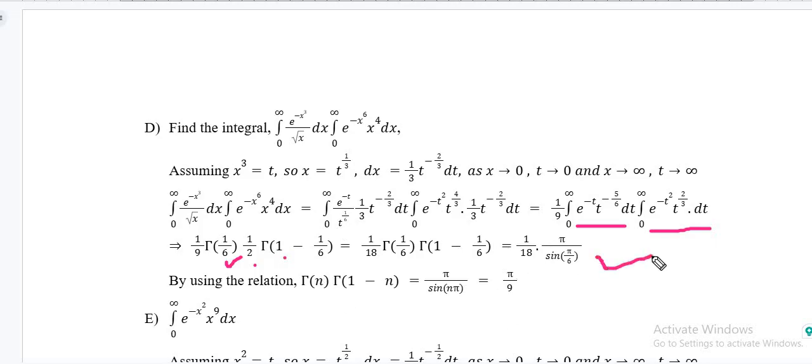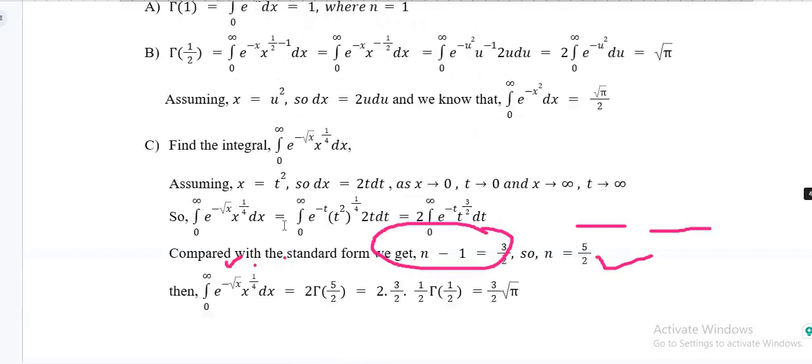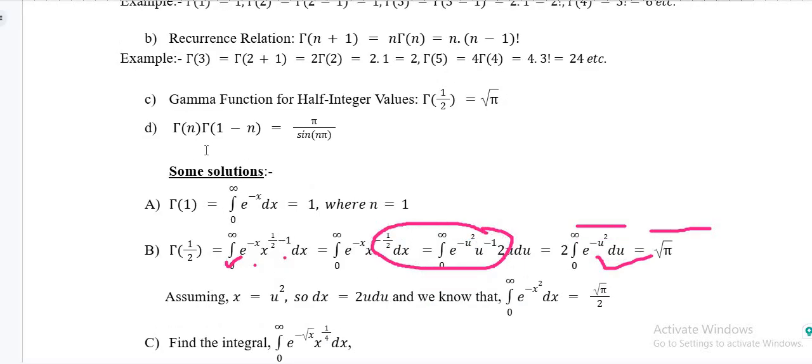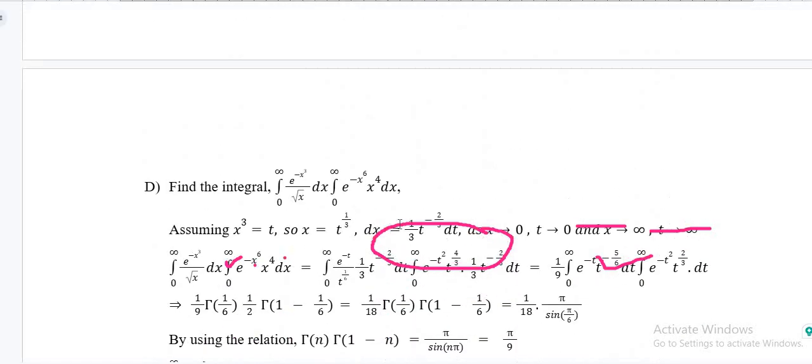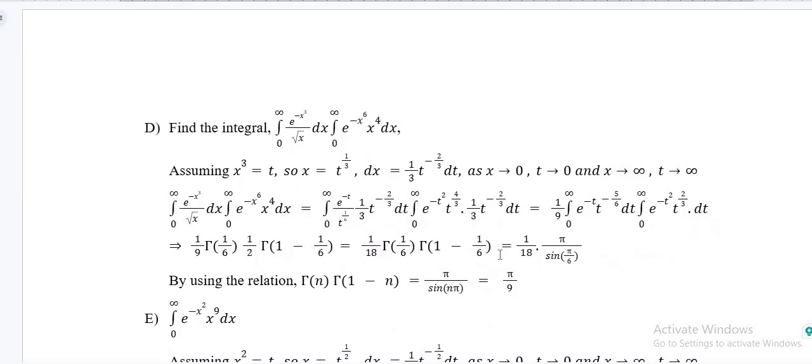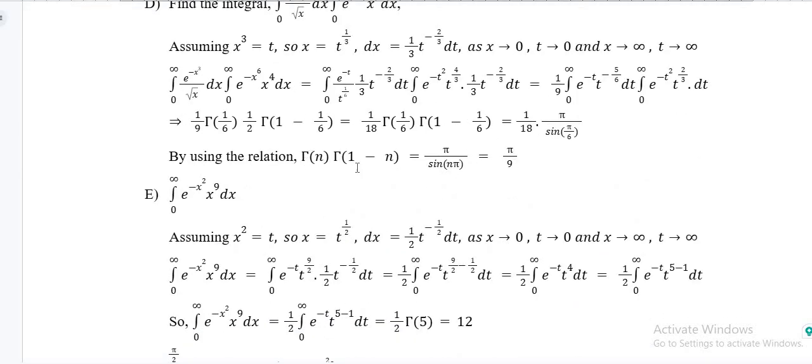And this particular form we have already shown in the last property of the gamma function: gamma n times gamma 1 minus n is equal to pi by sine of n pi. So I have just replaced this one by using this particular relation.